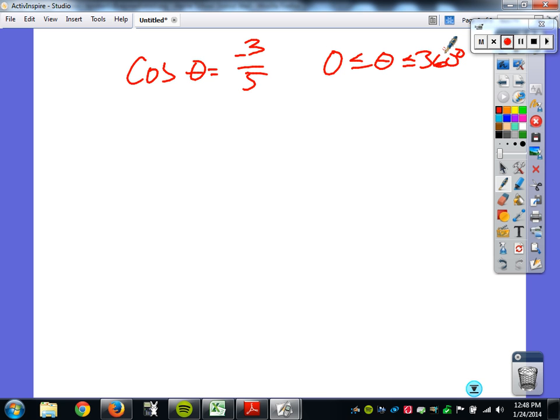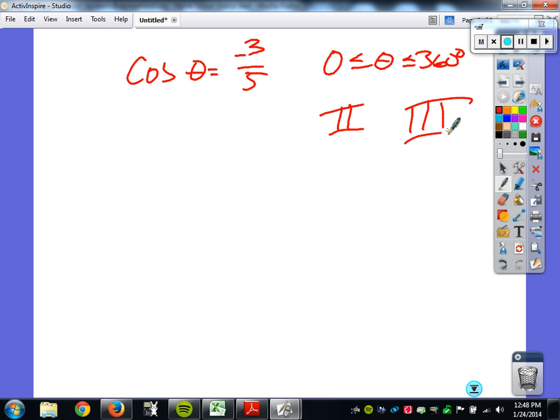But I want you to tell me, what does that say? Cosine of theta is negative 3 over 5, right? In what quadrants is cosine negative? 2 and 3. So I'm going to get an angle in quadrant 2, and I'm going to get an angle in quadrant 3. You guys see how that knowledge of where it is positive and where it is negative is helping us on every question today so far, right?